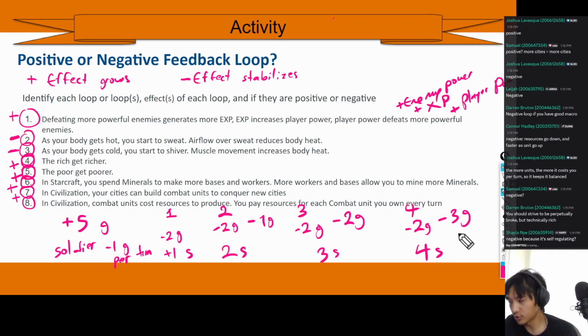You will not be able to sustain this because you will be losing money every turn. If you try to make more soldiers, it's going to get worse. So you come to a limit. It is self-regulating. Yes, it's a negative feedback loop because it costs money. If you don't have the money, you can't buy them, so you can't make more.